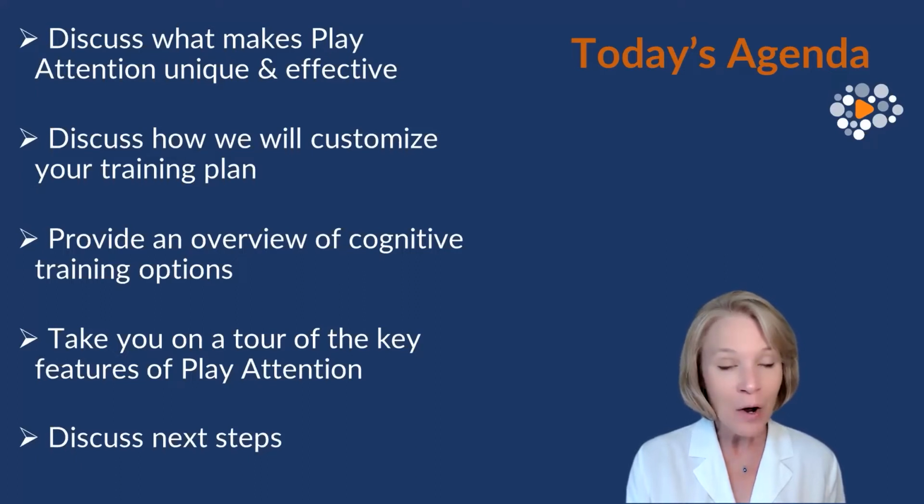So today, we're going to talk about how Play Attention customizes a neurocognitive training plan for each of you in order to pinpoint different cognitive skills that are necessary for strong executive function and success. That way, when we give you tips and strategies, if we teach you how to create an effective calendar, you can then create that calendar and remember you have the calendar.